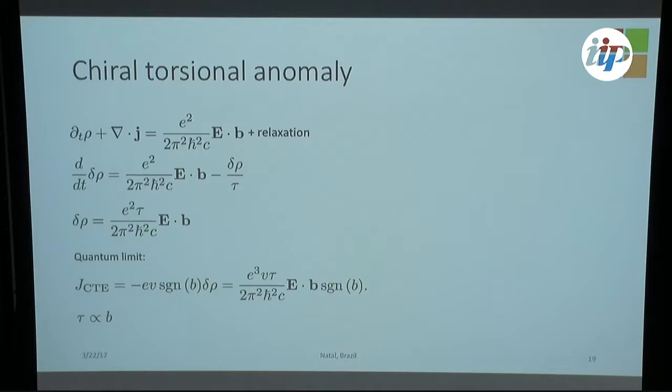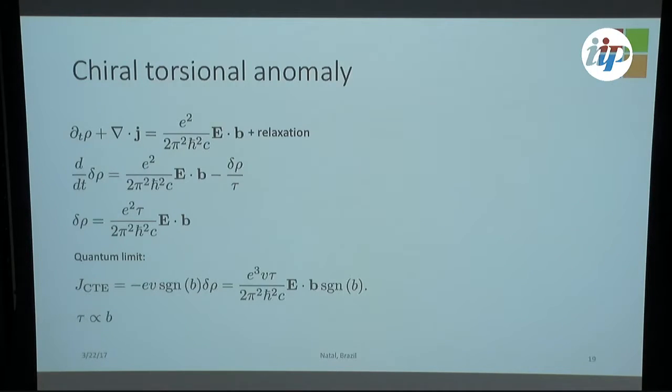There is of course an opposite change of density on the surface, so this creates a change of current going through the system. In the limit when only one Landau level is occupied, the so-called quantum limit, we get just current due to this pseudomagnetic field and electric field, which looks like in this last line.